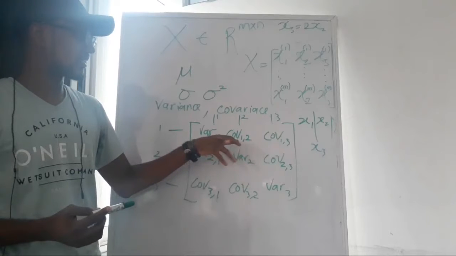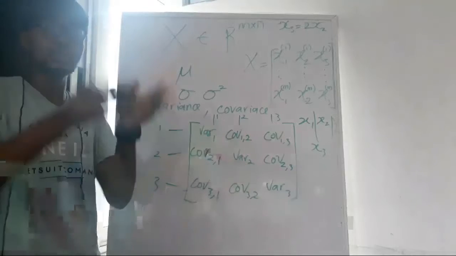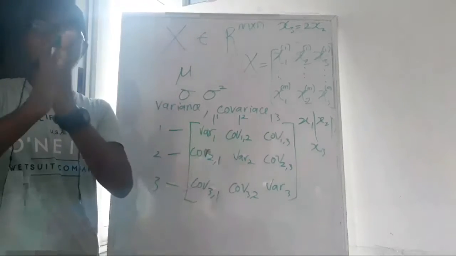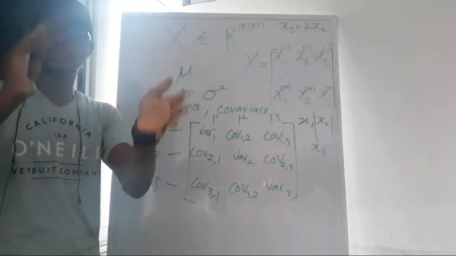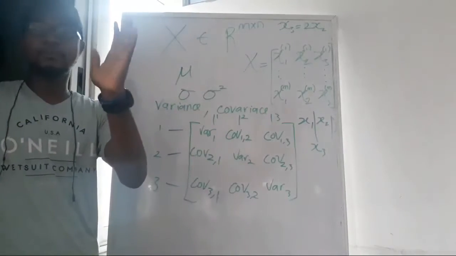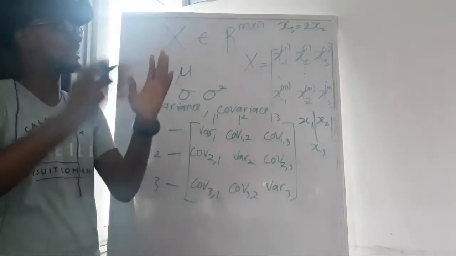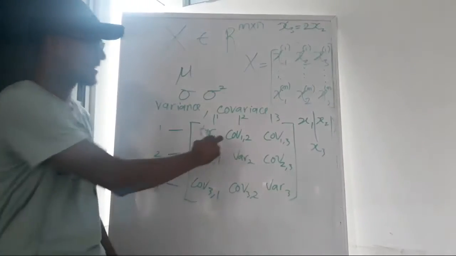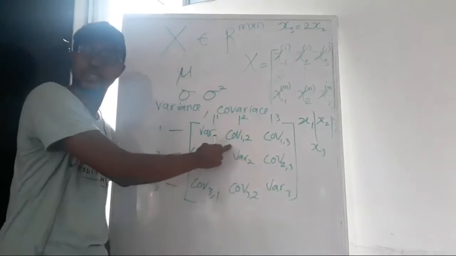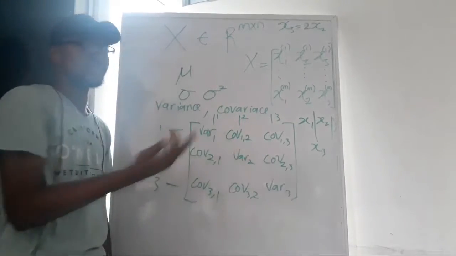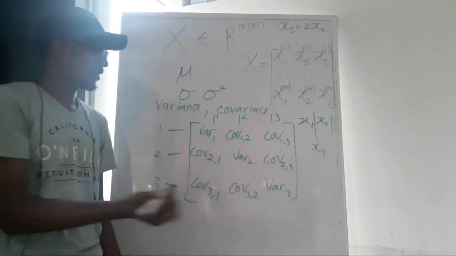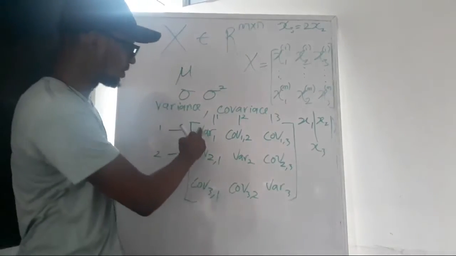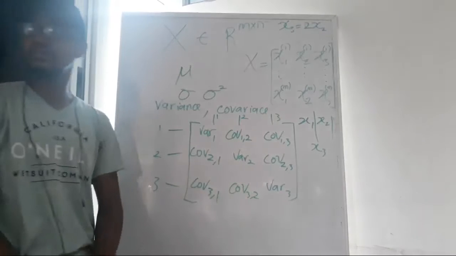You don't want features to be related with other features, you don't want the correlation between one feature and another to be high. You want them to be independent. So this should be 0, or if not 0, close to 0. This should be 0, 0, 0. Then what can you say about this one, and this one?